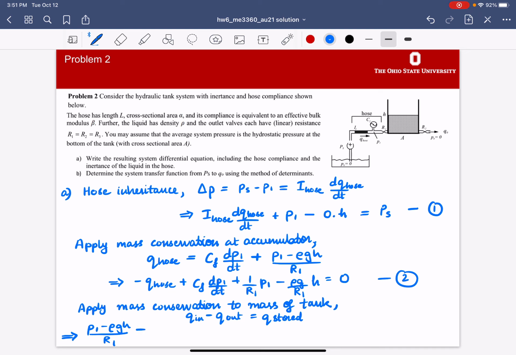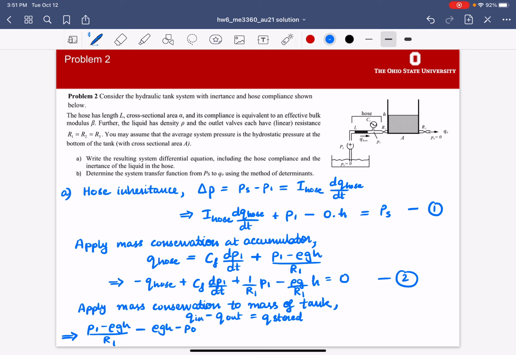And then similarly, Q out, what would that be? So that would be the flow that is going through our second valve here, right? And we can write that down as rho GH. So that's the flow that is going into the second valve. The pressure before the flow is going into the second valve, right at the bottom of the tank over here. And then minus P naught.